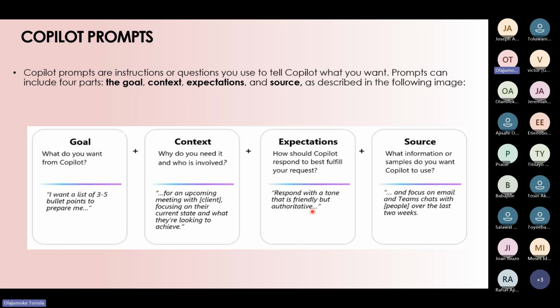You can fine tune it in any way. And then the source: make use of grounding and focus on my email, my Teams chat, or even my documents over the last 2 weeks. Sure, you get it. So that is what Copilot prompts are, and Olalekan touched a bit on it.